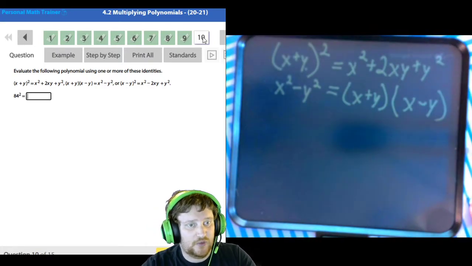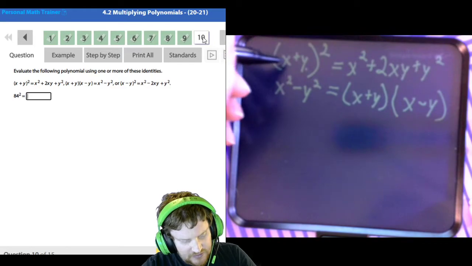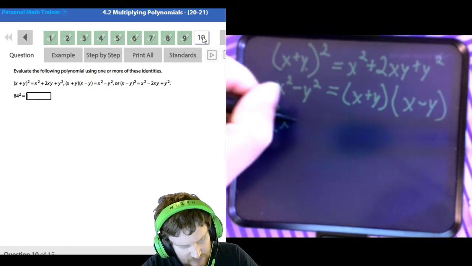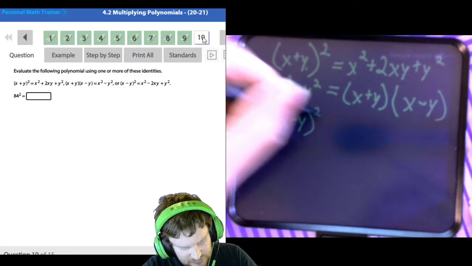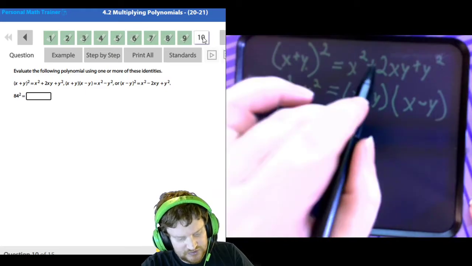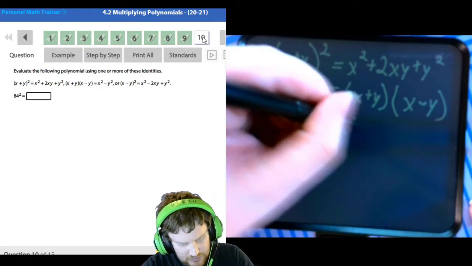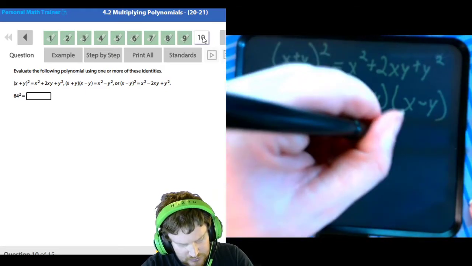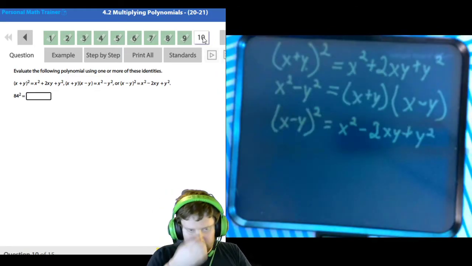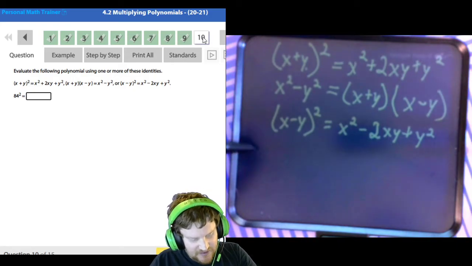They have it written the other way on the screen. And finally, this was a sum. You can also have the difference squared. And for this one, you're just going to reverse the sign. So you have x squared minus 2xy plus y squared.